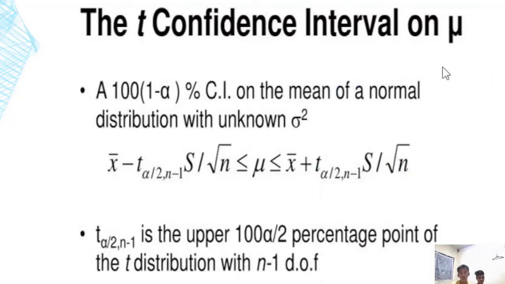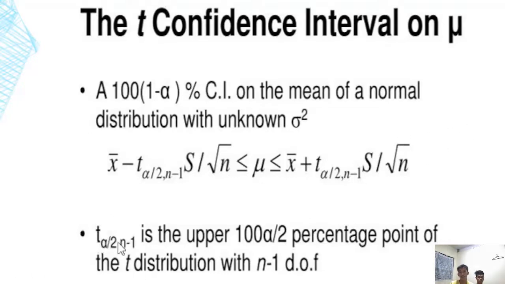The t confidence interval on mu, a 100 times 1 minus alpha percent confidence interval on the mean of a normal distribution with unknown sigma square. We have the formula: mu is greater than or equal to x bar minus t sub alpha over 2 comma n minus 1 times s over square root of n, and mu is less than or equal to x bar plus t sub alpha over 2 comma n minus 1 times s over square root of n.